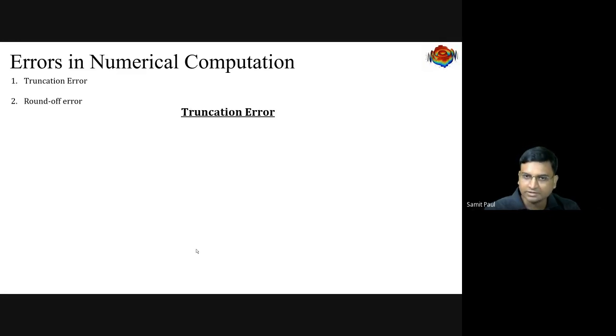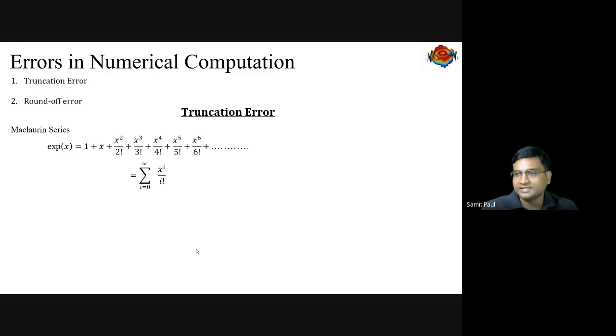Let us first understand what truncation errors are. To understand a truncation error, we need to understand a series first. Suppose we all know that this is the series of exponential, which is called the Maclaurin series.